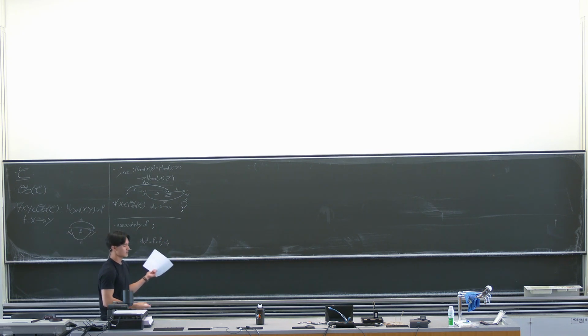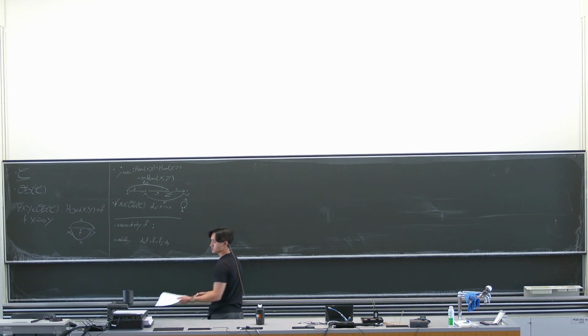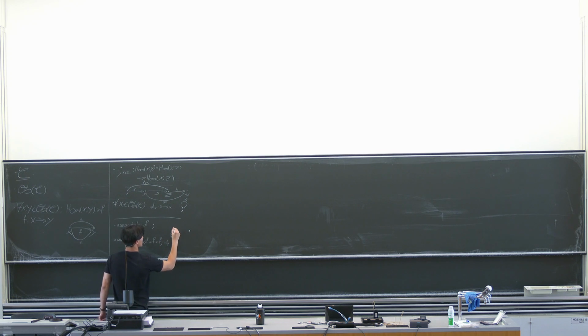So again, this is not very intuitive, so I'm going to make another picture for you. If we take x and y, we have the identity of x and the identity of y.